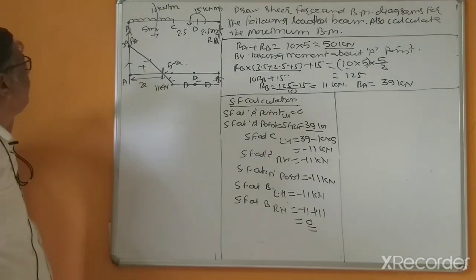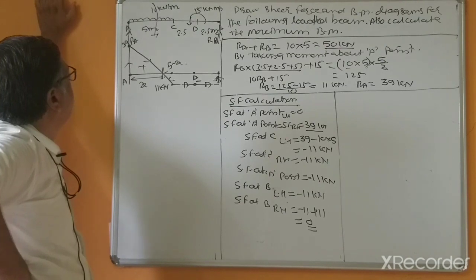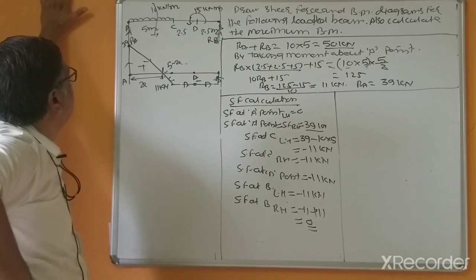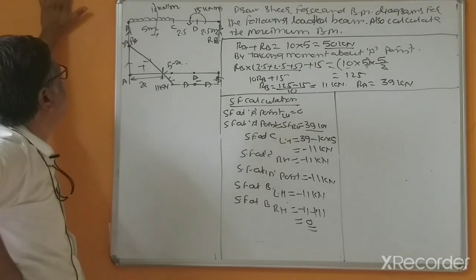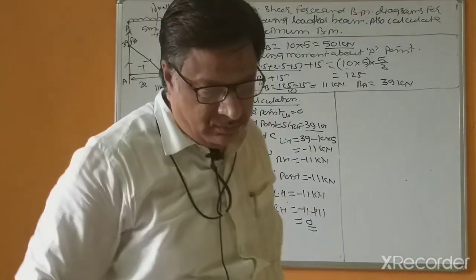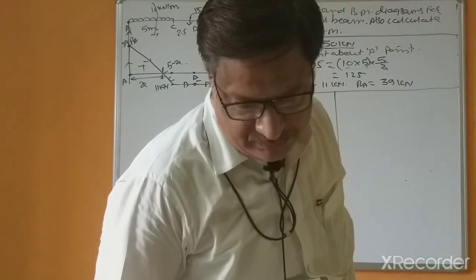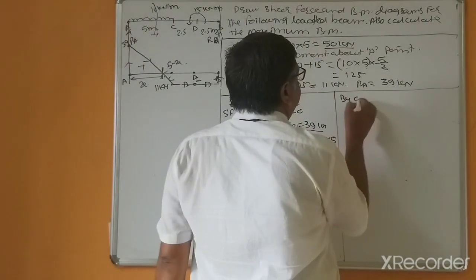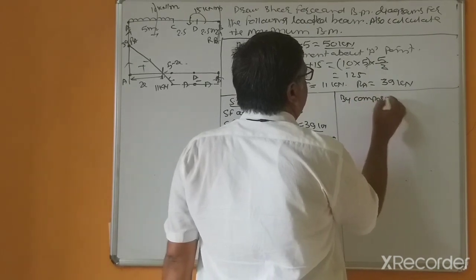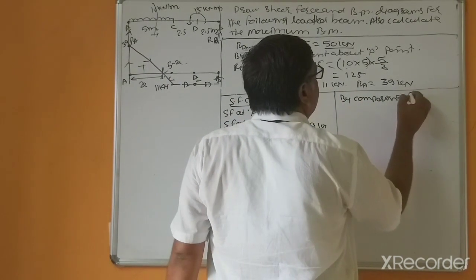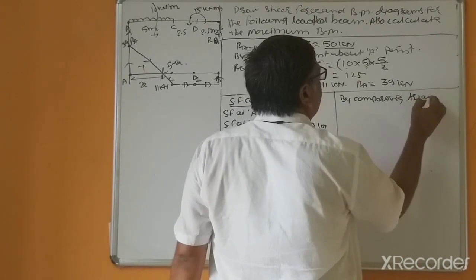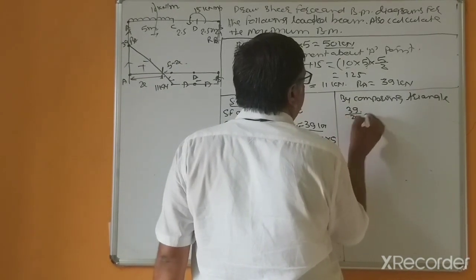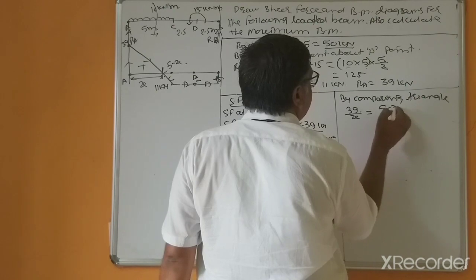In this case this is an inclined line on the shear force diagram, so by comparing triangles, because this is a straight line, 39 divided by x equals 11 divided by (5 minus x).